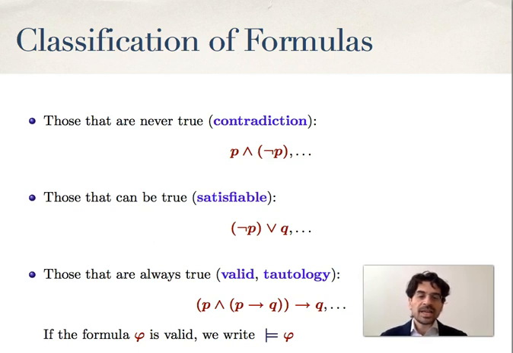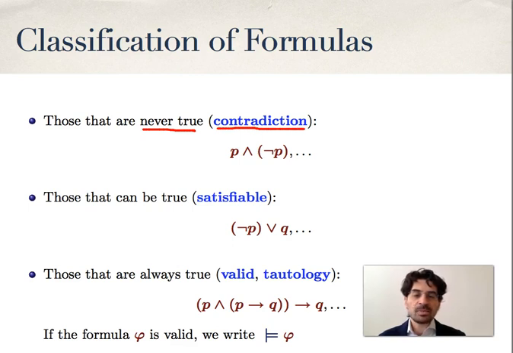To conclude, it's worth making a taxonomy of the different types of formulas. Some formulas are never true. These are known as contradictions.